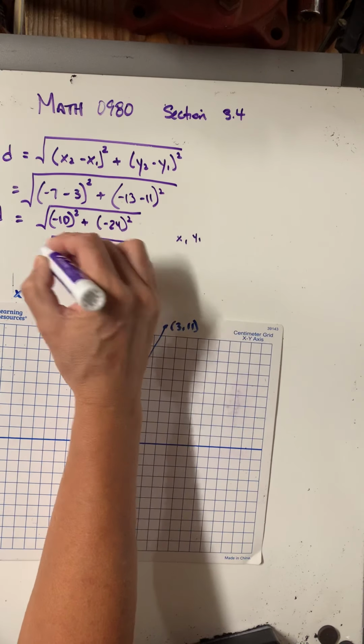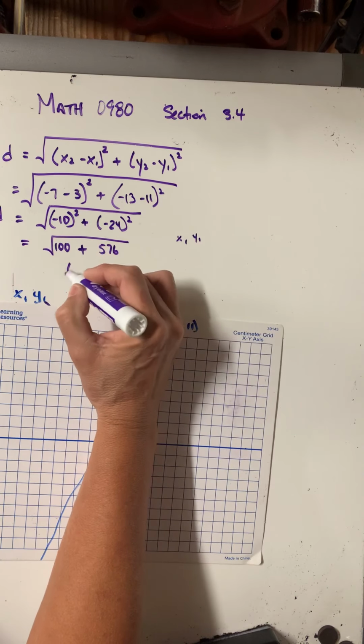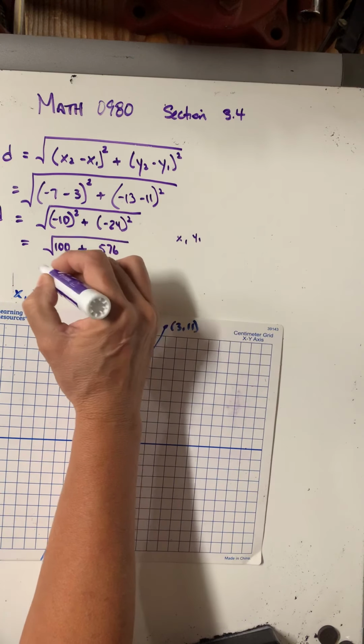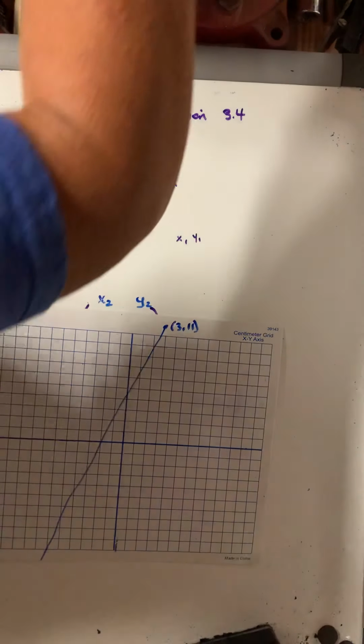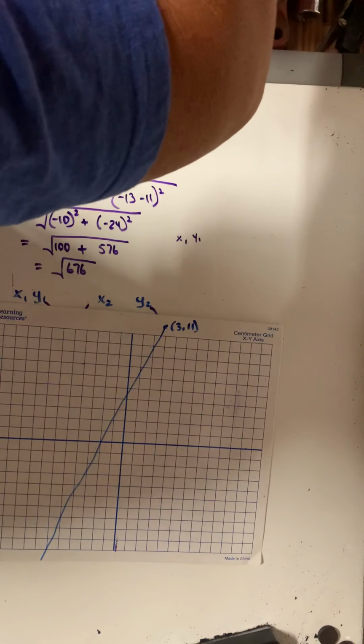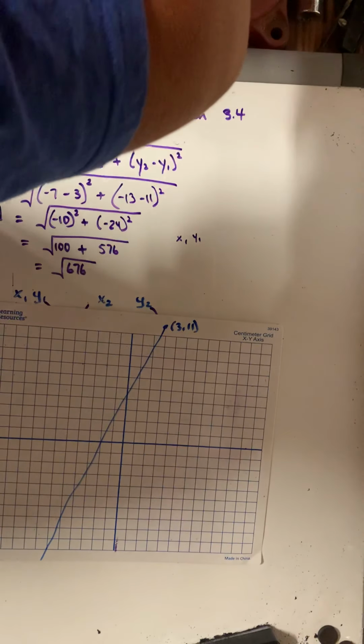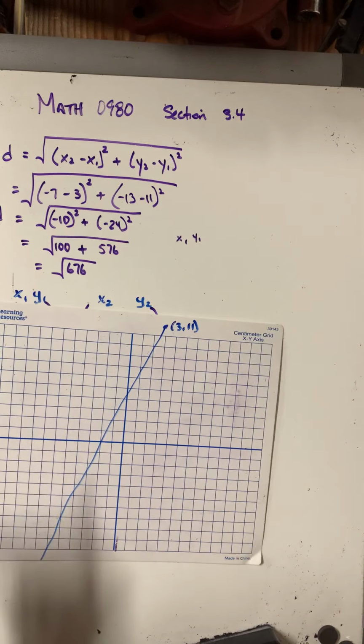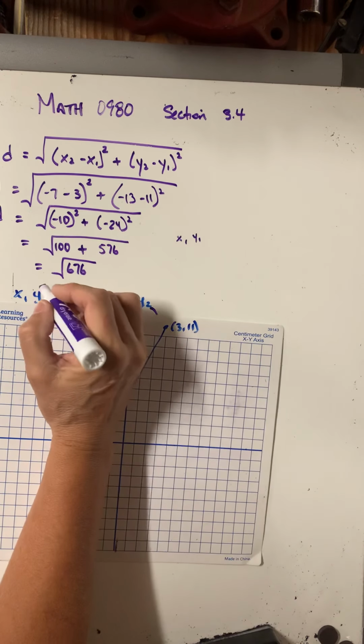If I add those two together, I get 676. Square root of 676 is 26. And that is my answer for that question.